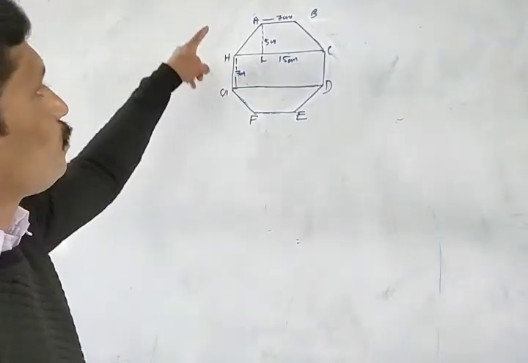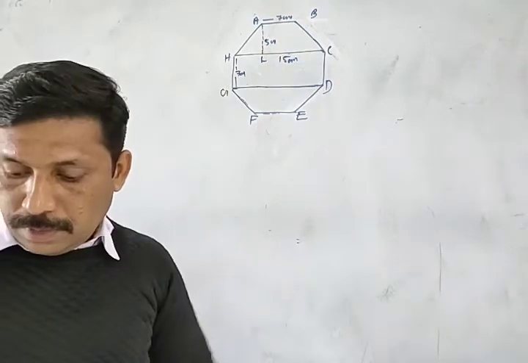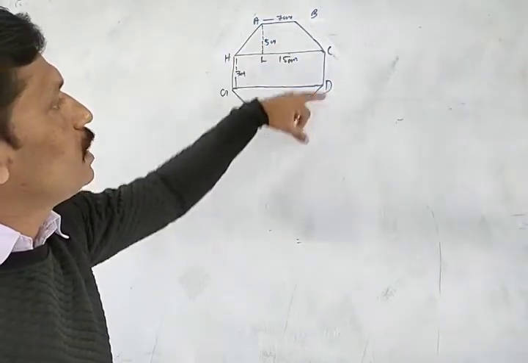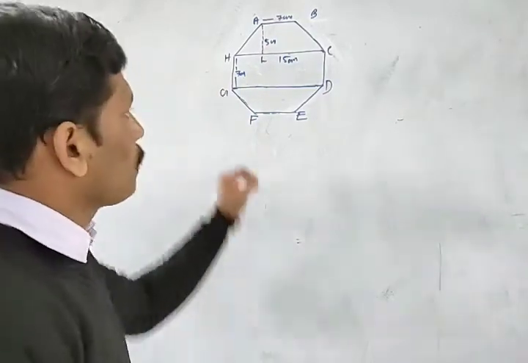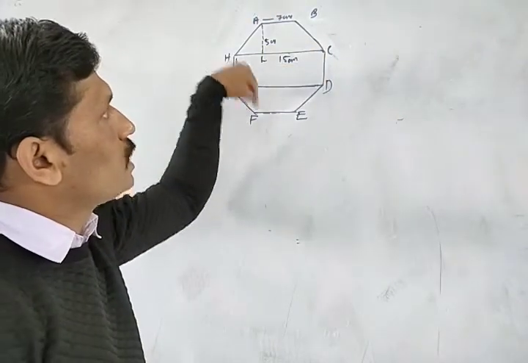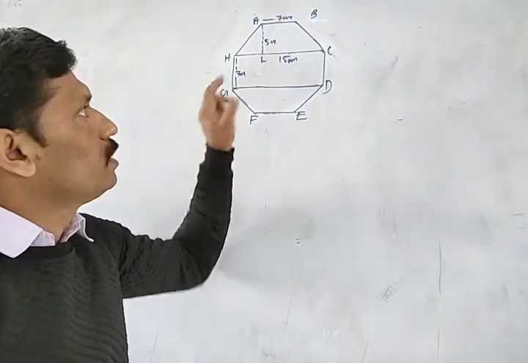So here this is an octagon. ABCDEFGH, this is the name of the octagon. Here it is a regular octagon, that means all sides are equal. If one side is 7 centimeter, all sides are 7 centimeter.